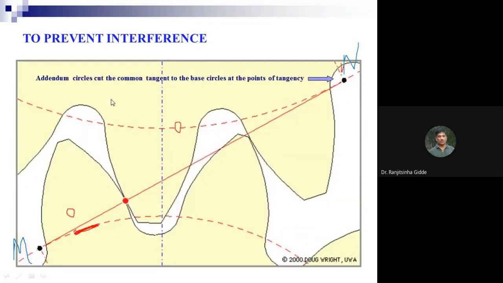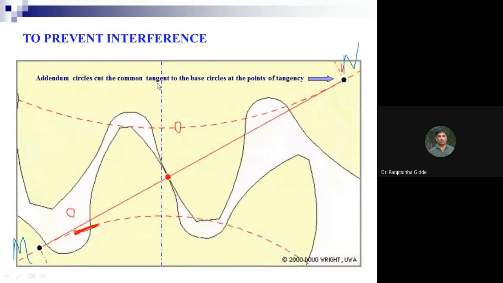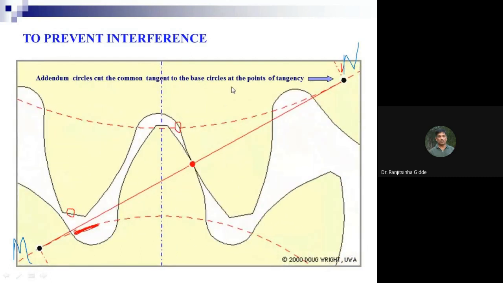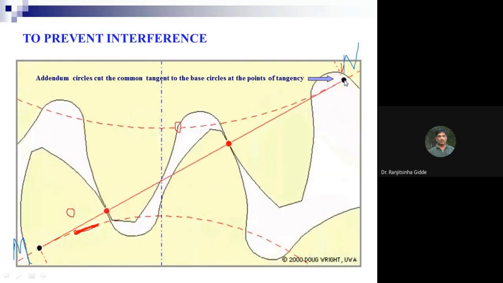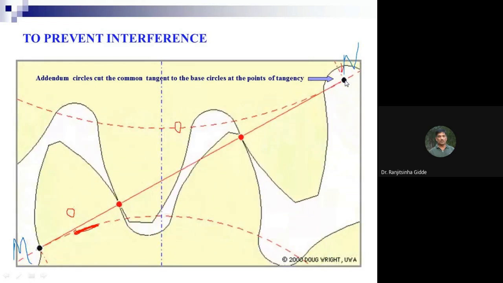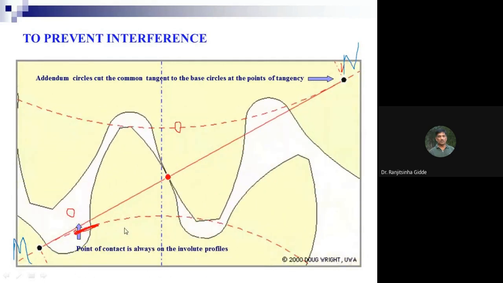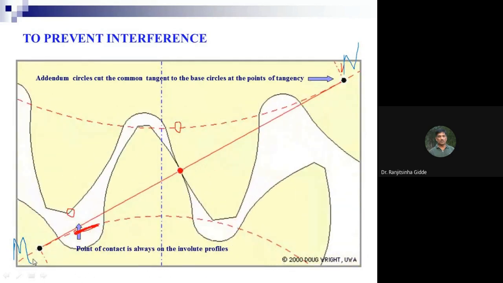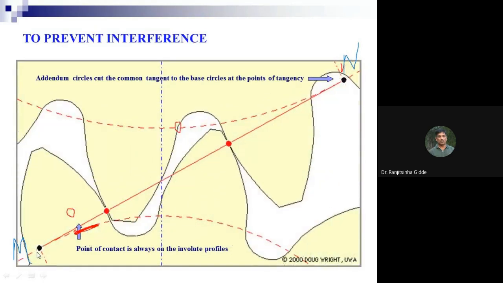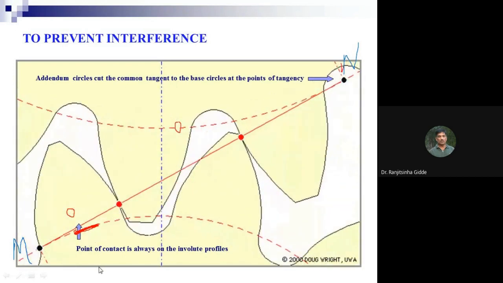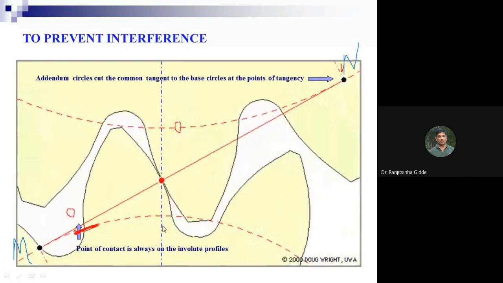Okay, so here already written, addendum circle cuts the common tangent to the base circle at the point of tangency. At the point of tangency. This N is called the point of tangency, plus this M is called the point of tangency. And you can read this sentence also.